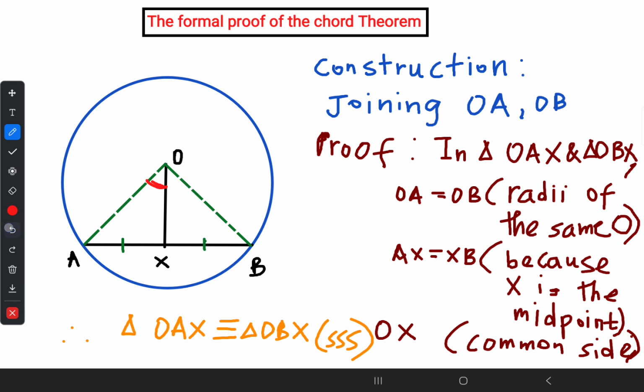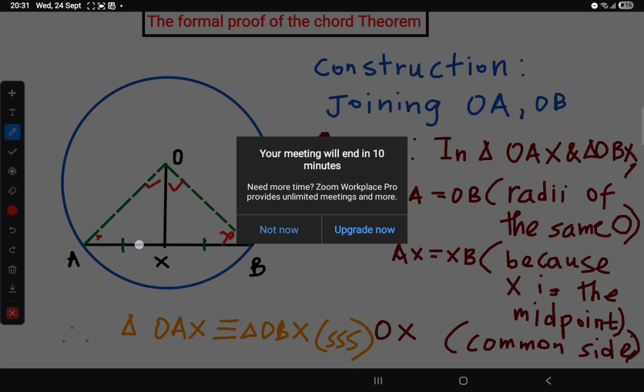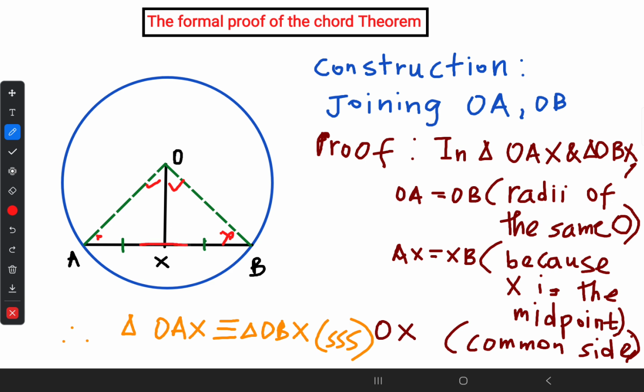If these two are congruent, this should be same with this one. This should be same with this one. Likewise, this should be same with this one. Since these two angles are aligned in a straight line, the sum of both of these angles would be 180. So therefore we can offer here 90, here 90. We will prove that with proper detail.